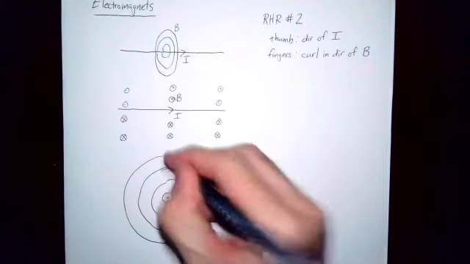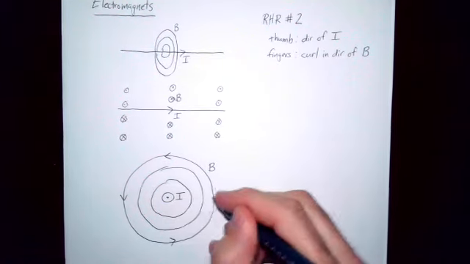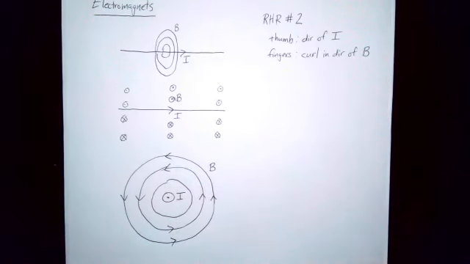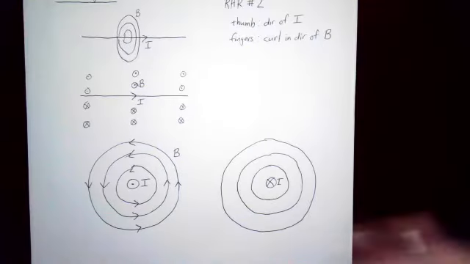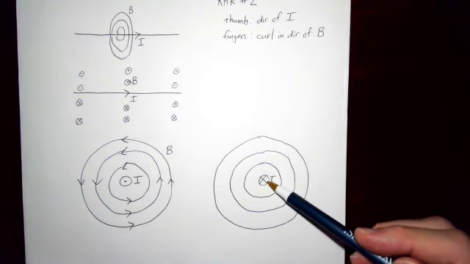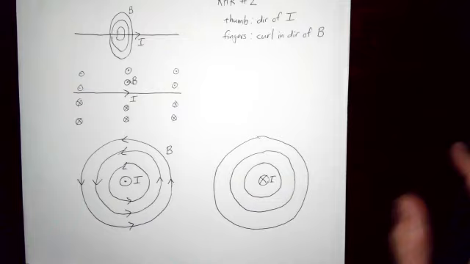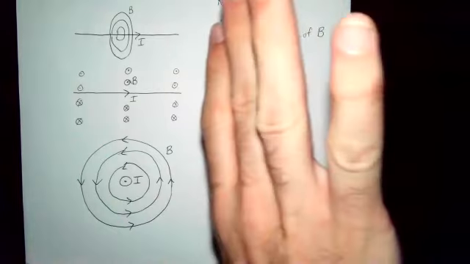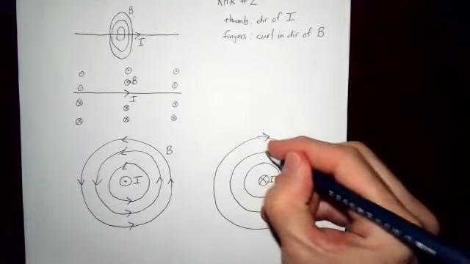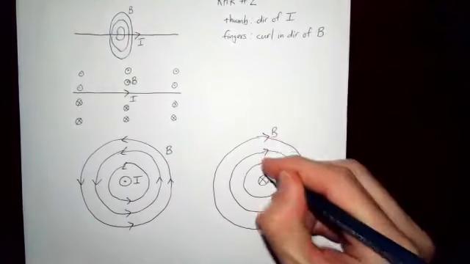So the magnetic field is going to go counterclockwise around this wire. Okay, and it's pretty straightforward to see that if the current now is going away from us, it's going into the paper. Right-hand rule number 2, I point my thumb into the paper. My fingers are curling this way, so the magnetic field is going clockwise now for this one.